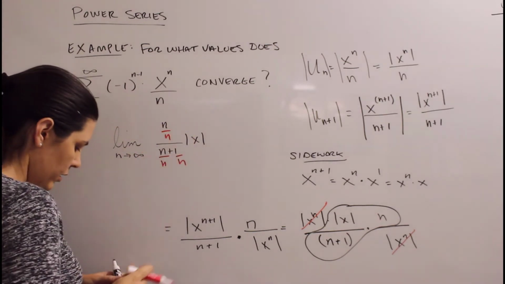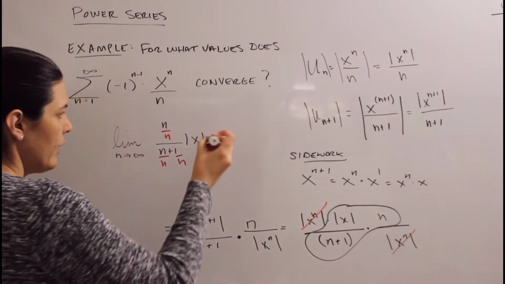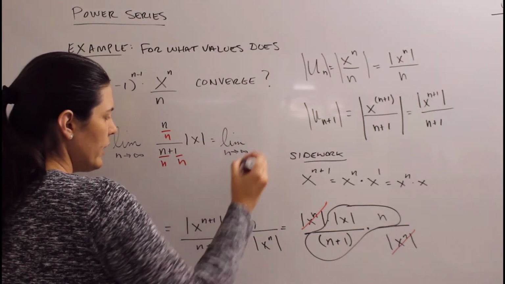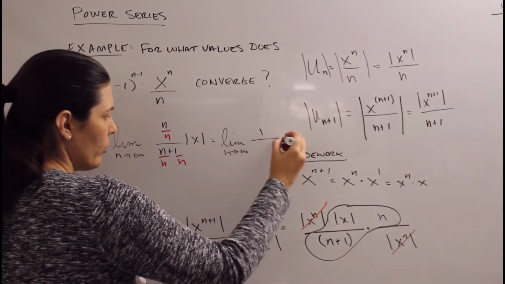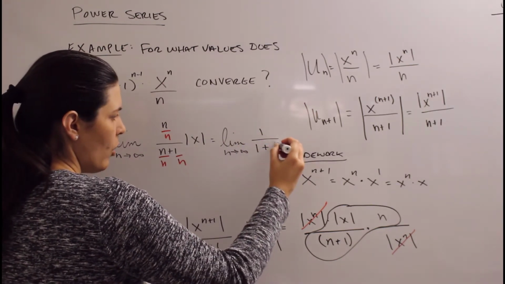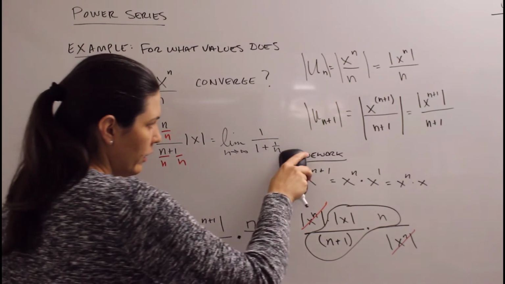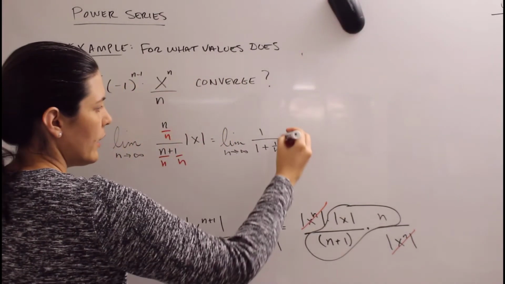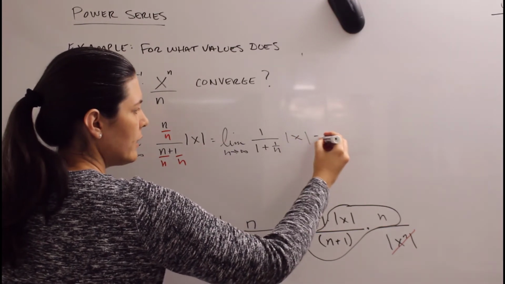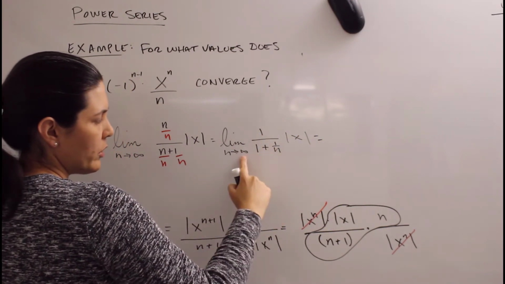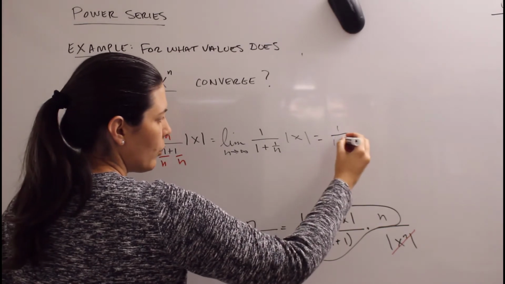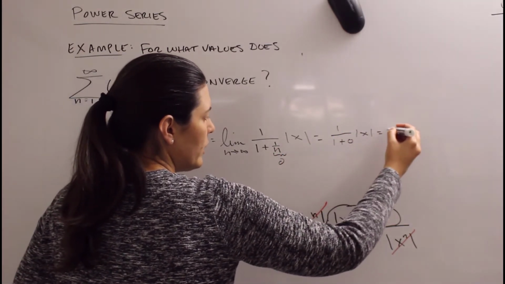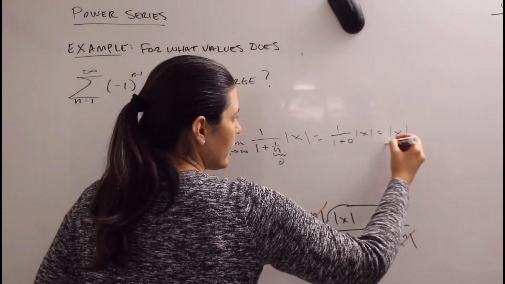Divide by n, and we simplify that, and the limit as n goes to infinity is 1 over 1 plus 1 over n, times absolute value of x. This is going to be, as n approaches infinity, 1 over 1 plus 0 times absolute value of x, which is absolute value of x.